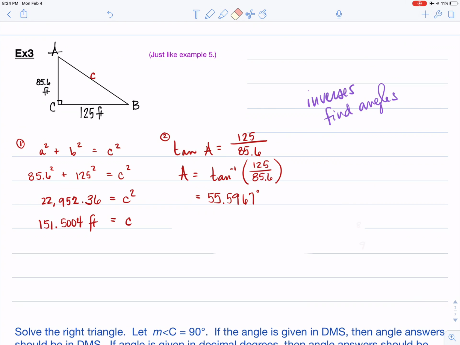Plug that into your calculator, and you should get an angle A whose measure is 55.5967 degrees. From this point, it's very easy to find angle B because you know angles A and B are complementary. So in order to find angle B, I'm just going to do 90 minus my angle A, and I will get 34.4033 degrees.